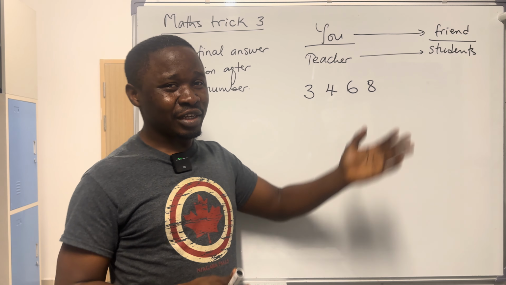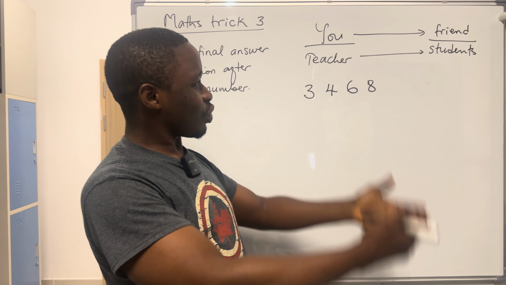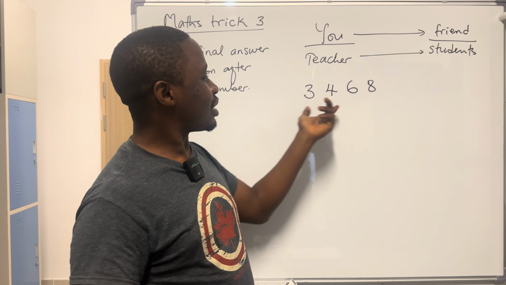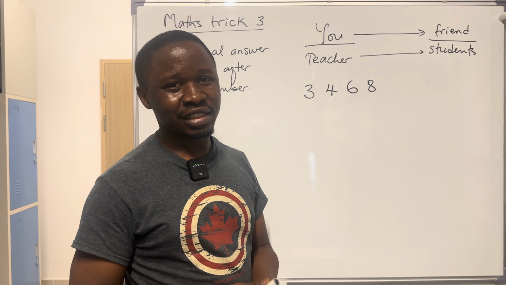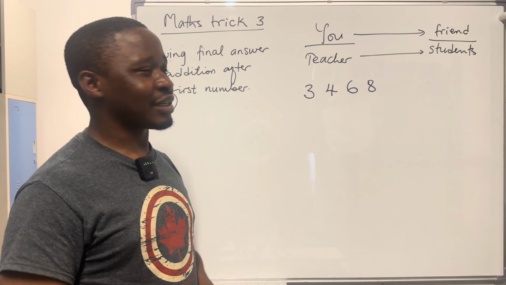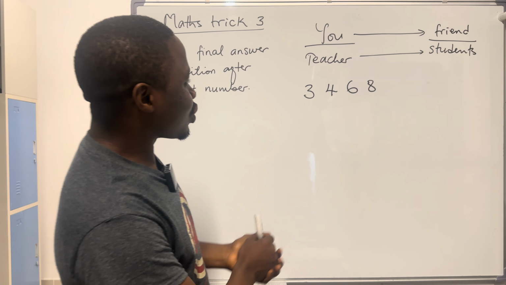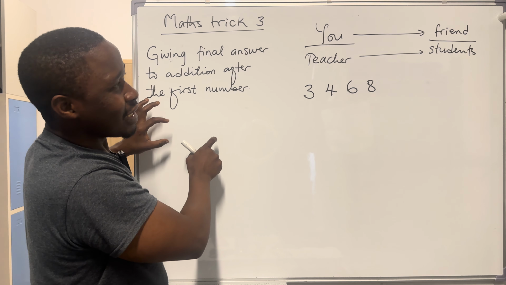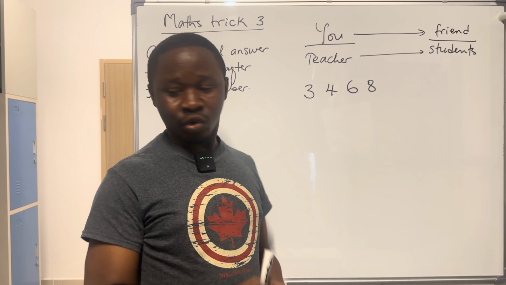You call your friend, you know the trick, the teacher calls one of the students, and your friend or one of the students reads the number 3468. So what I'm about to do now is write the answer even before we get to the end. So what do we do?